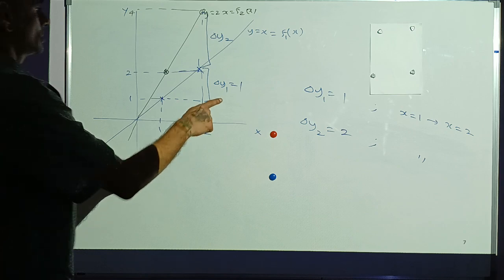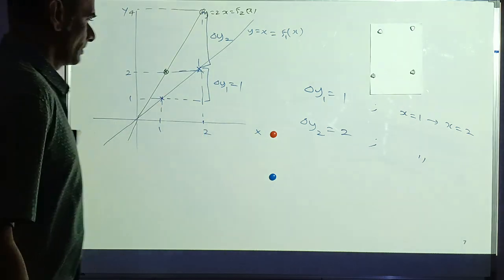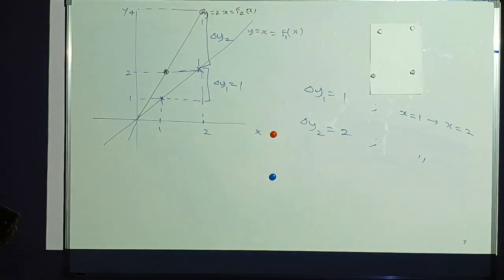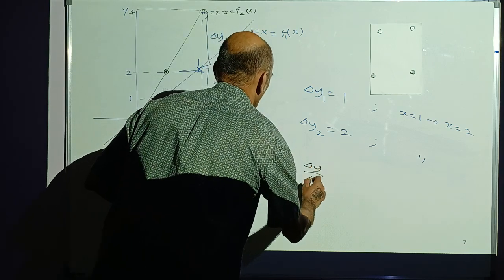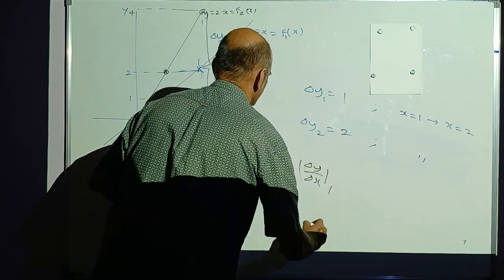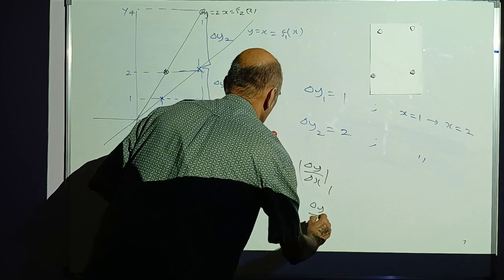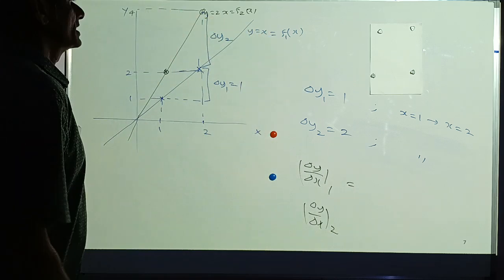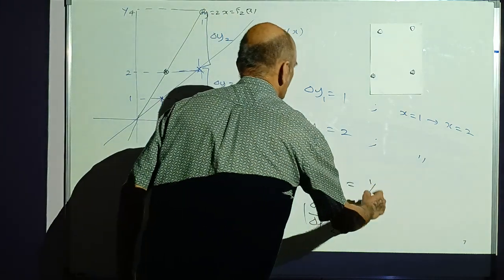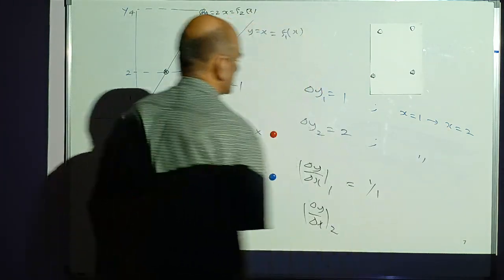So this information can also be got once the function is defined. Once delta y is known, I can also find one more thing, which is delta y by delta x for the first function and delta y by delta x for the second function. For the first, delta y is 1 and the corresponding change in x is 1.